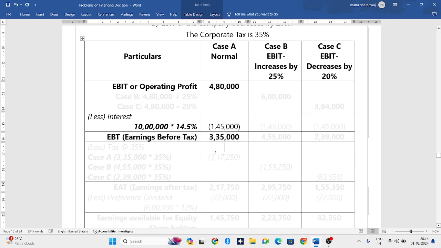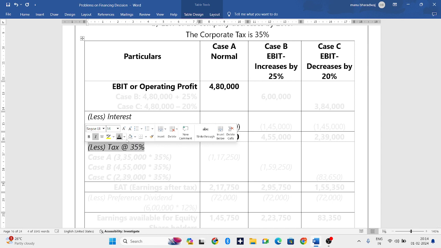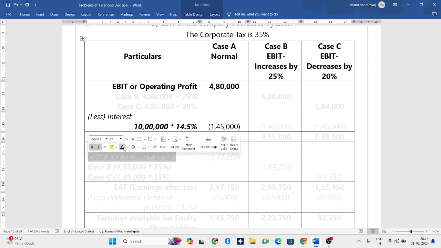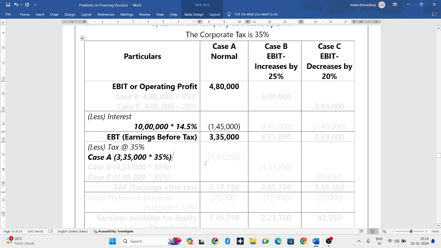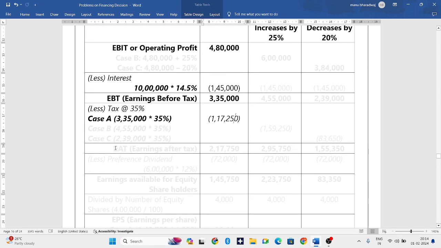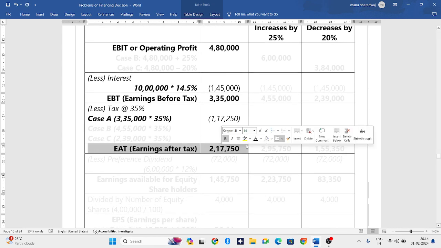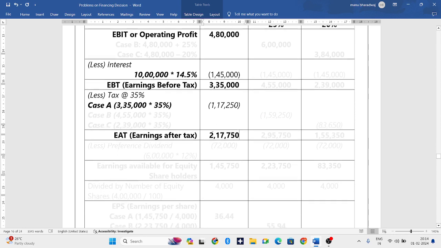If we subtract the two, we get earnings before tax, 3,35,000. On this we have to reduce tax at 35%. So 35% on 3,35,000 will be 1,17,250. If we subtract the two, we will get earnings after tax.